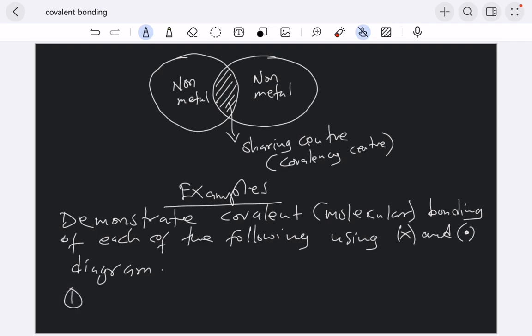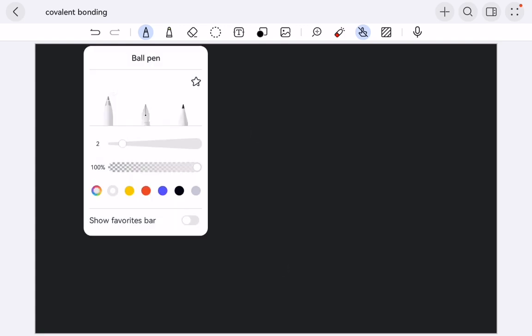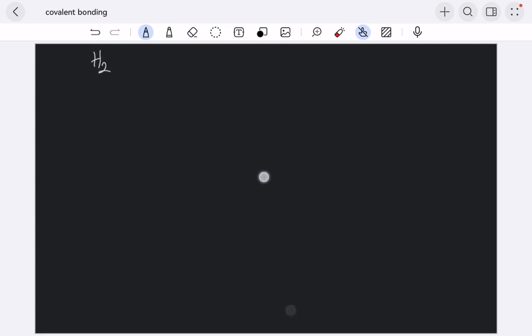Number 1, hydrogen molecule, which is H2. So when we look at the atomic structure of hydrogen, so H2, we have 2 hydrogens here.